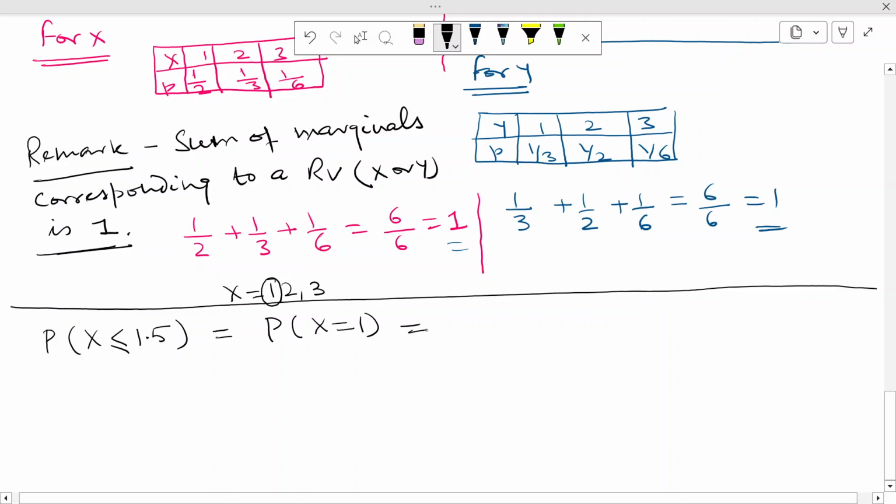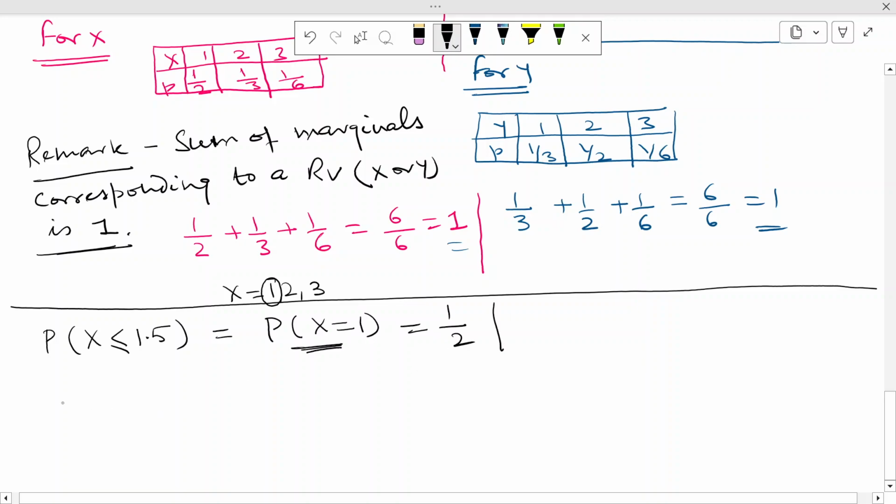This is the case of a marginal, because you are looking for the probability of a single value, and you can see that the probability for x equal to 1 is 1 by 2, right?